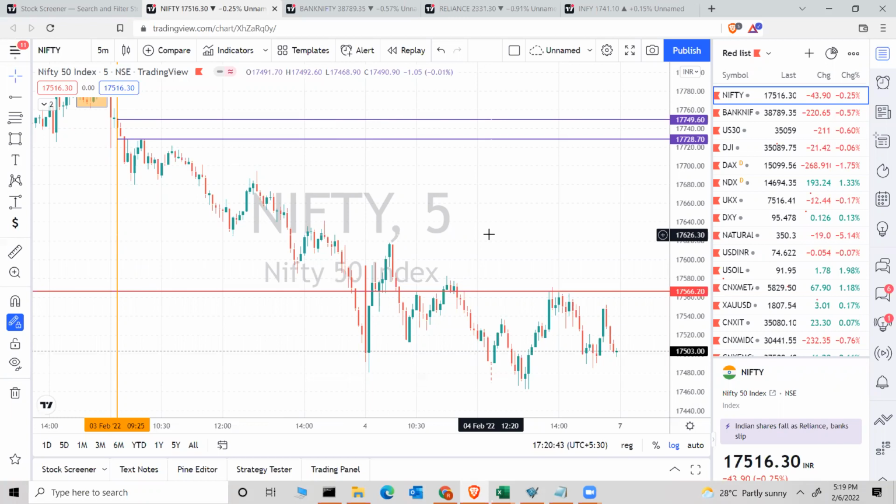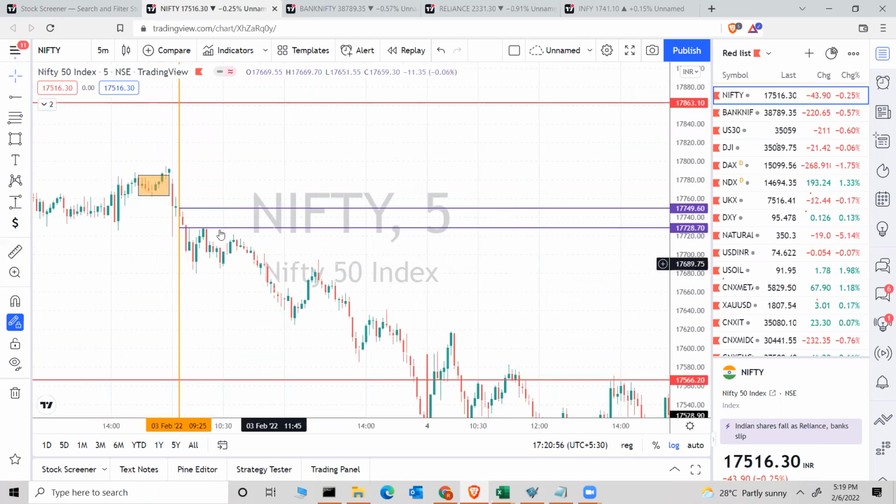And definitely time reversal has worked 90% of the time. All you have to do is wait, draw the line and wait at the reversal time, and then take a trade based on the line. If the Nifty is breaking upside, then your stop loss should be this blue line. Okay, if it is going down, your stop loss should be this line.